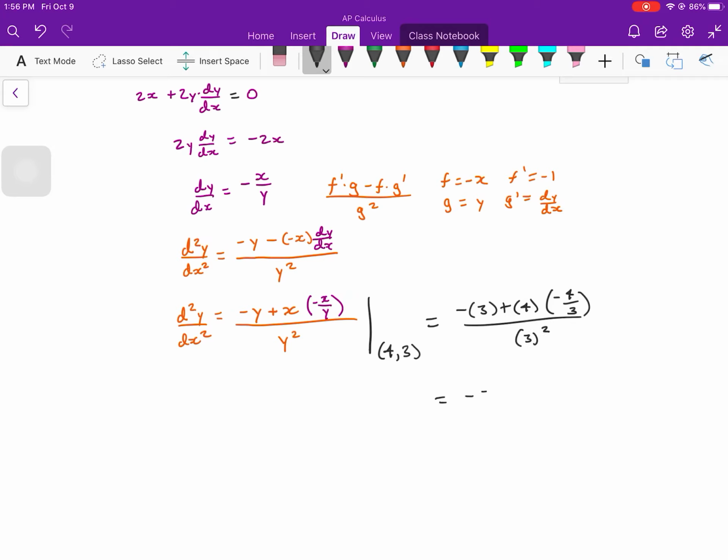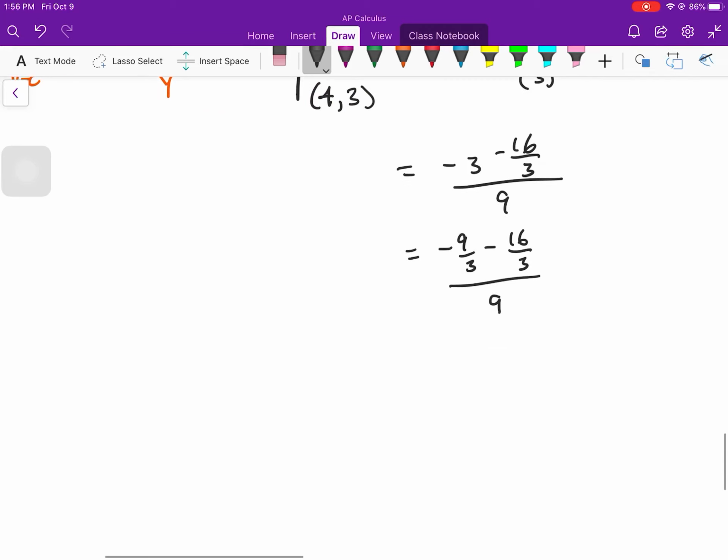So it's going to be -3 minus 16 over 3, over 9. -9 over 3 minus 16 over 3, over 9. -9 minus 16 is -25 over 3, over 9, which is over 1.